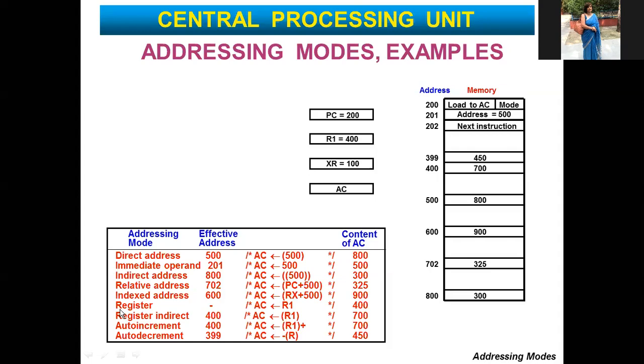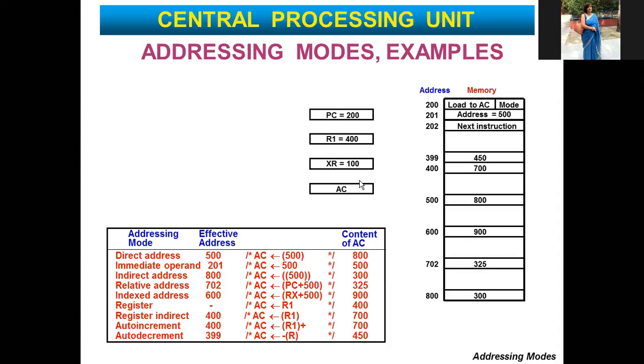Now we come to the next kind of addressing mode, that is the register addressing mode. Again we go by its definition. It says that in order to find the final operand, we need to search the value of a register, and the register will contain the value of the final operand.